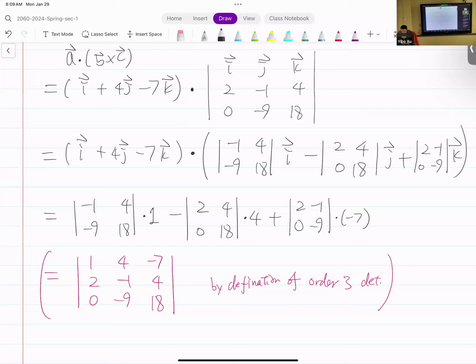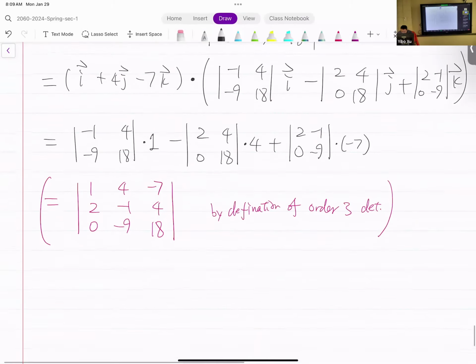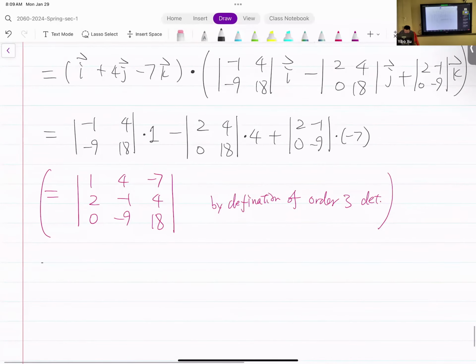But still, we want to calculate the value, right? So let's just continue from the line above. Now we just have order 2 determinants we want to calculate. Remember, for order 2, you multiply the diagonal numbers minus the product of the off diagonal numbers. So it's -1 times 18, that's -18, minus the product along the off diagonal, -9 times 4, that's -36.